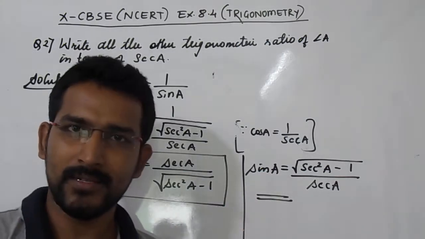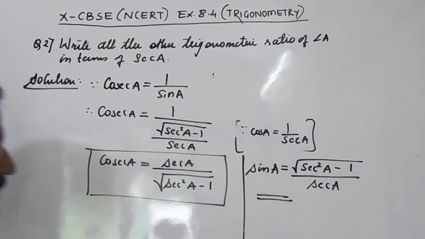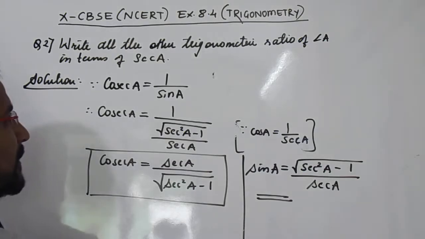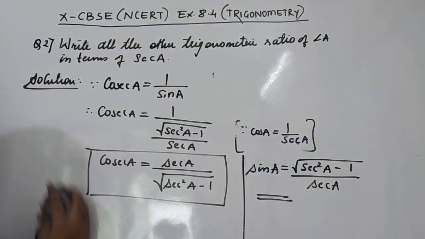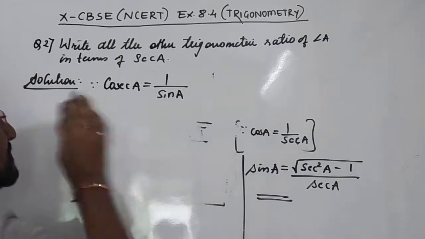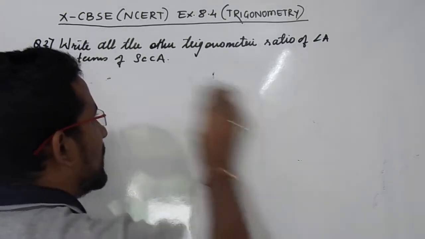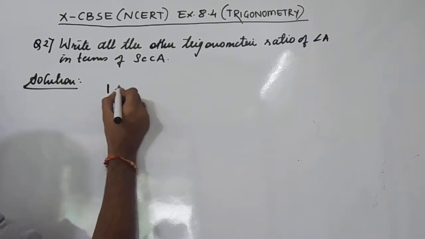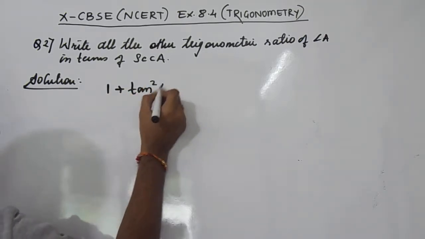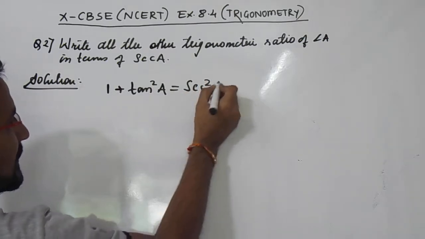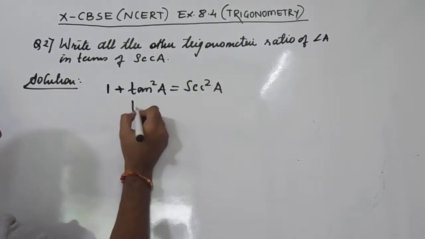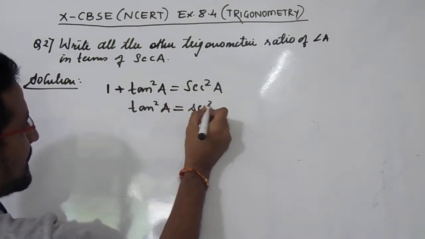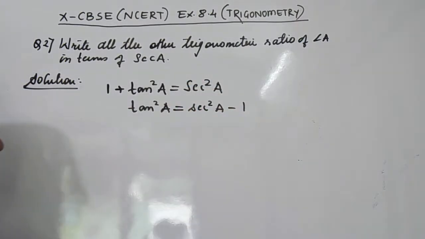Now we'll go for tan. For tan and sec, we already know one identity, the relation between sec and tan. As we have seen, the identity 1 plus tan square A is equal to sec square A. So tan square A is equal to, shifting the 1 over, sec square A minus 1.